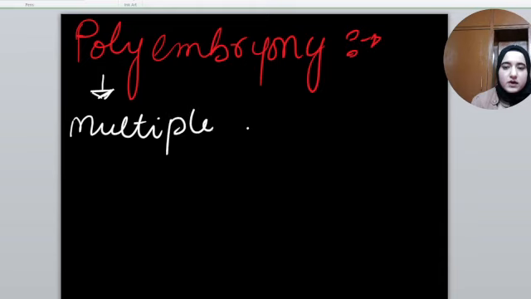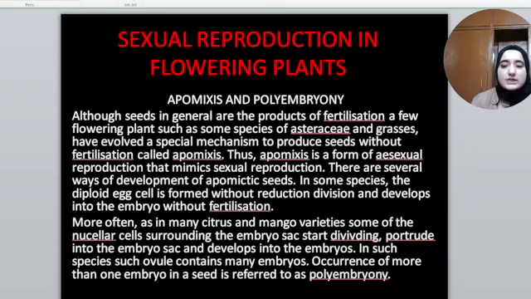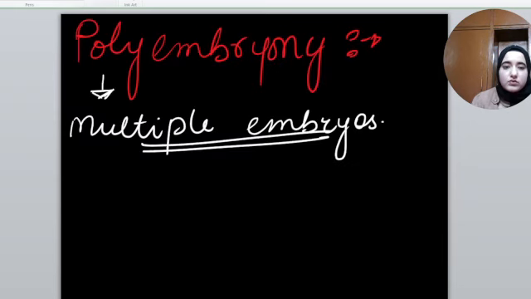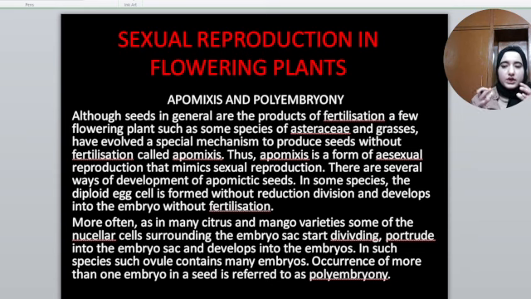When we have multiple embryos, how are these embryos formed? You must remember those nucleus cells, right? What they do is they just start dividing, then protruding into the embryo sac.